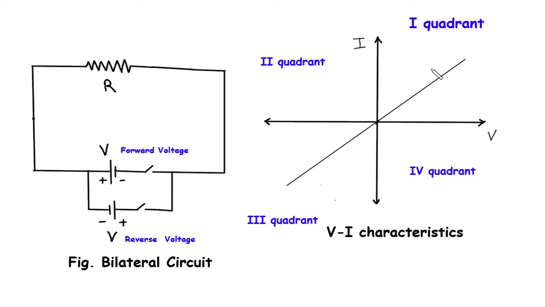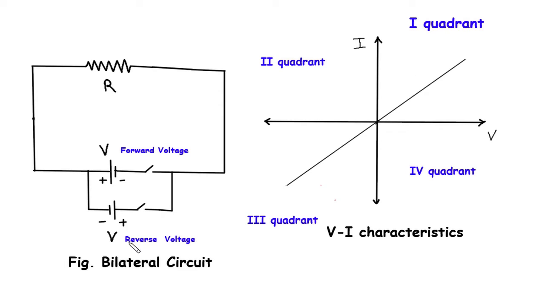Now here we can see this is the VI characteristics of this bilateral circuit, and when we turn on this forward voltage, at that time the current will flow from positive terminal to negative terminal. So this will be the plot for VI characteristic in quadrant number 1.